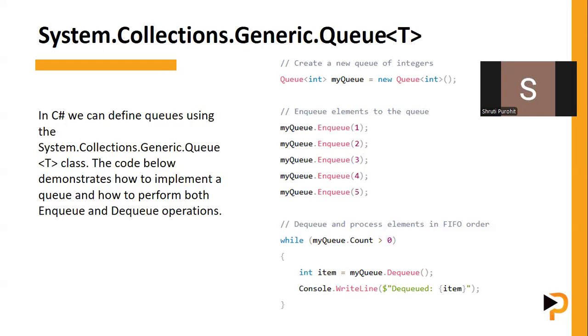Then, using a while loop, we repeatedly dequeue the elements, and they are removed in FIFO order, first in first out. You can also use other methods provided by the generic Queue class, such as Peek to view the front element without removing it, and Count to check the number of elements in the queue. So we are using the while loop here.